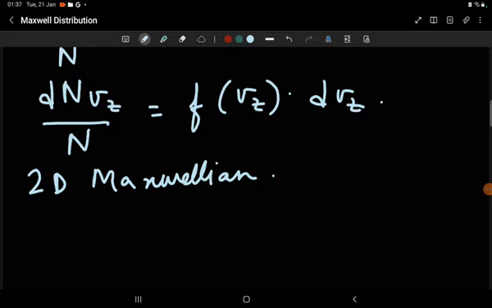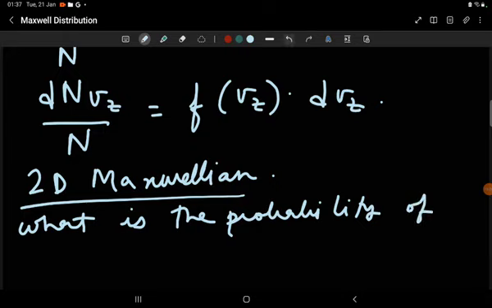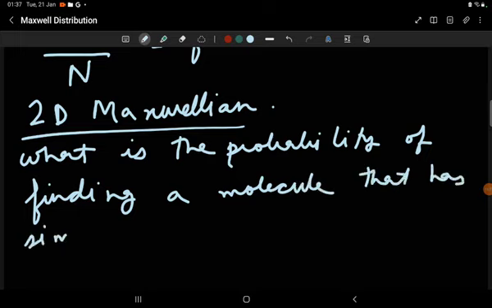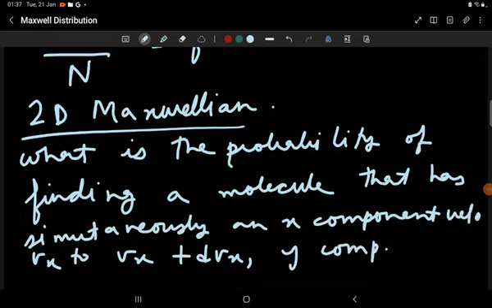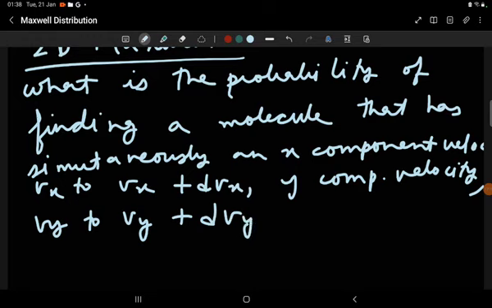The same question: what is the probability of finding a molecule that has simultaneously an X component velocity from Vx to Vx plus dVx and a Y component velocity from Vy to Vy plus dVy?